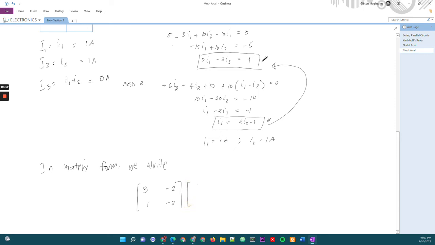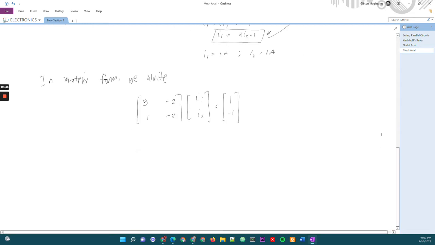This is I1, I2, we have 1 and then negative 1. Okay? So pwede na siya magamit kag MATLAB software, but let's try to use Cramer's rule this time para let's try to confirm mapareha dapat siya og result.